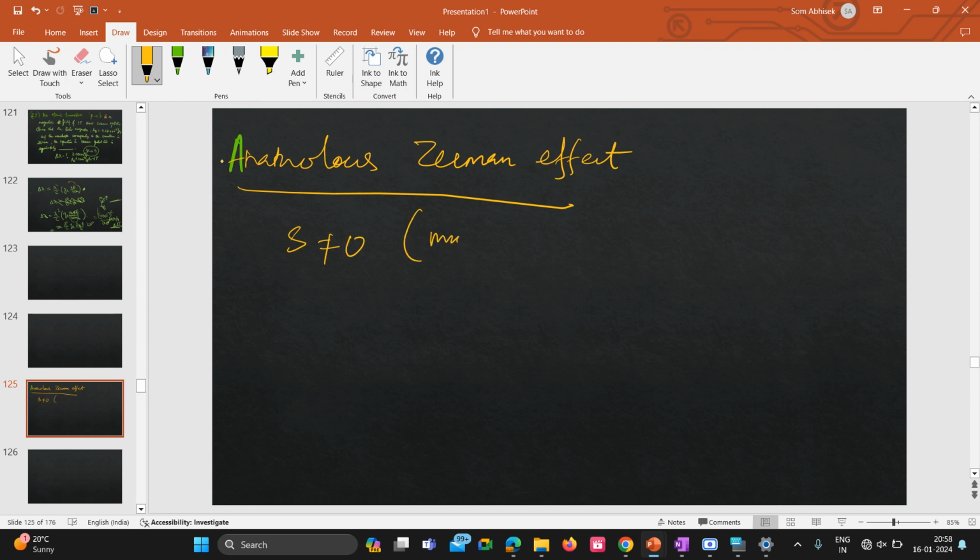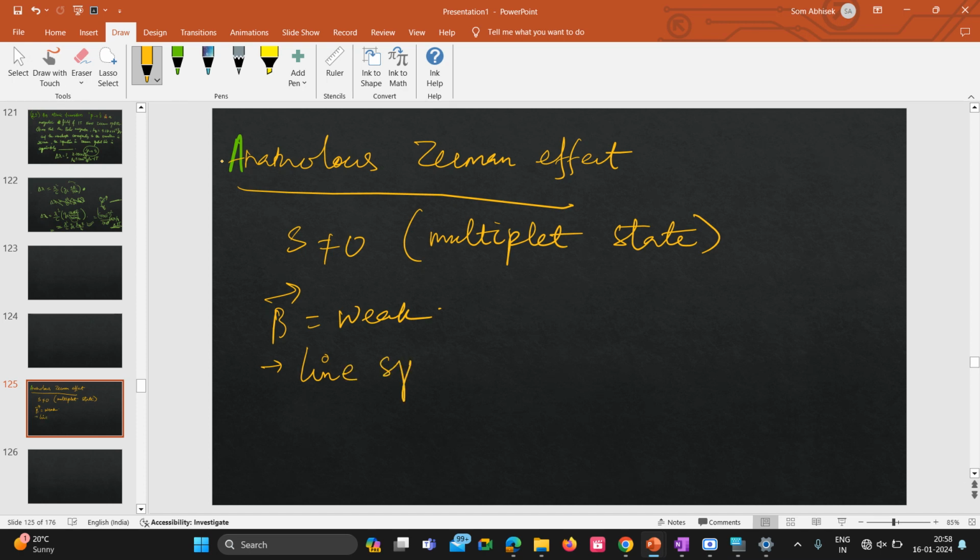Okay, this is a multiplet state. B is weak here. Okay, line splits into 4 or more components. And what is the selection rule for it?